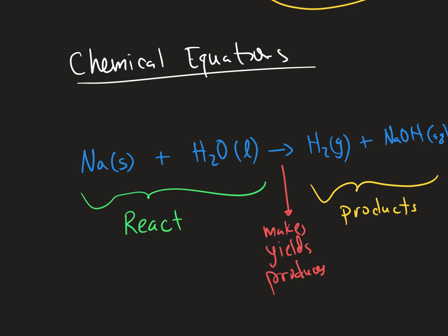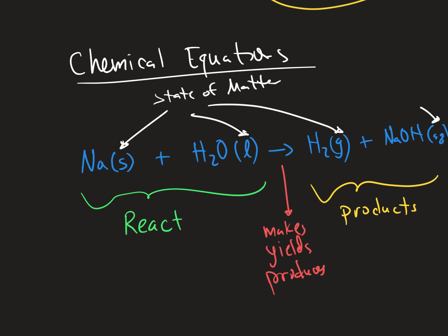And these guys right here are what? That's the state of matter, right? Solid, liquid, gas. And what's this one over here? AQ. Water solution, where water's a solvent, right?